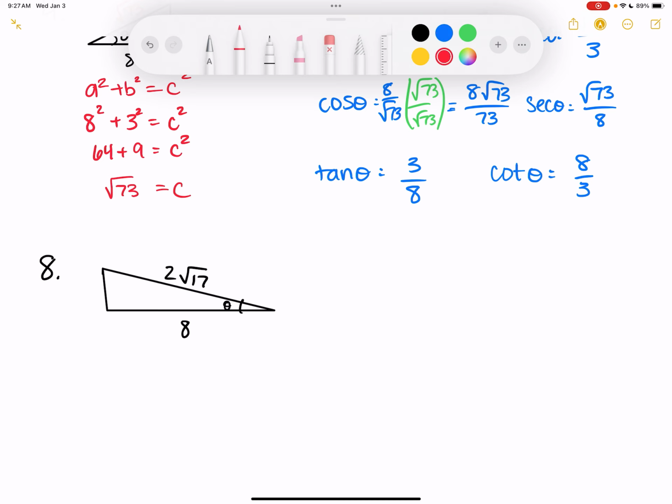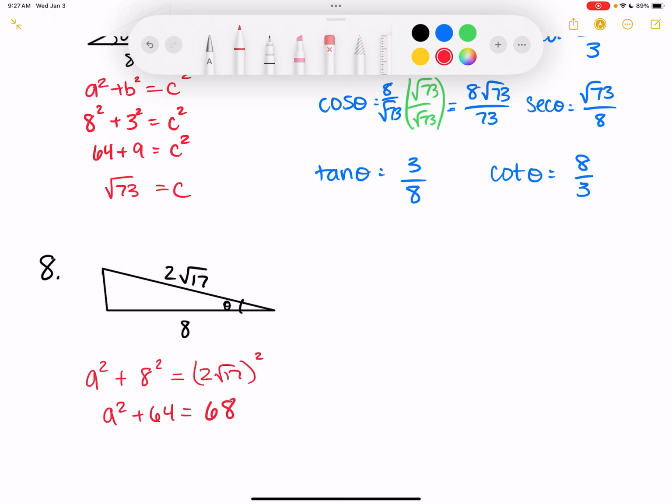Pythagorean theorem again, but now I have this side over here, so a squared plus 8 squared is equal to 2 square root of 17 squared. So that's going to be a squared plus 64 is equal to 4 times 17, that's 68.